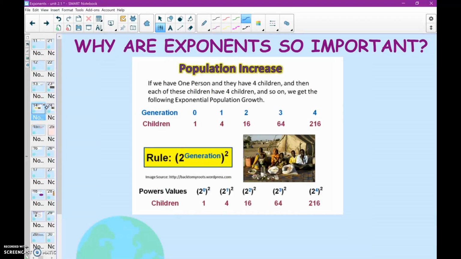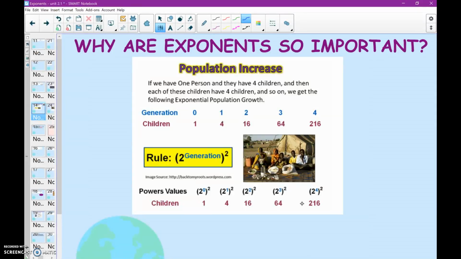A couple places where exponents are actually applicable, we're going to be talking about throughout the lesson. One of the places is population increase. For every one person, if they have 4 children, and then those 4 children have 4 children, you get what we call exponential growth. It exponentially grows through the years, where you might have started with 1 person, and now you're up to over 200 people very quickly.